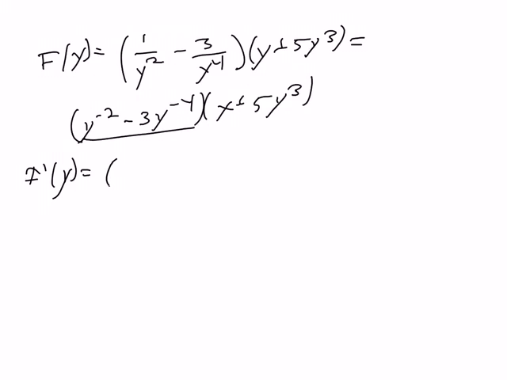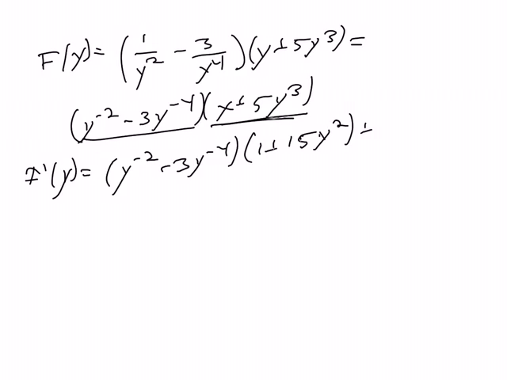And now taking the derivative, we're going to do the exact same thing that we did before. So we take this, keep it the same, product rule, and take the derivative of this, which is 1 plus 15y squared, plus, and now we keep this the same, so it's y plus 5y to the third.